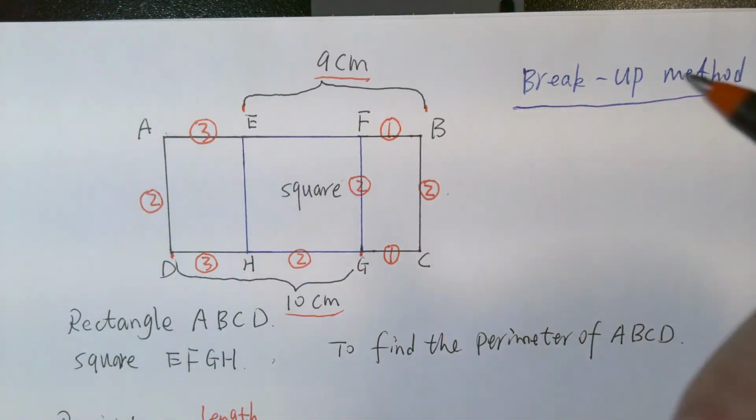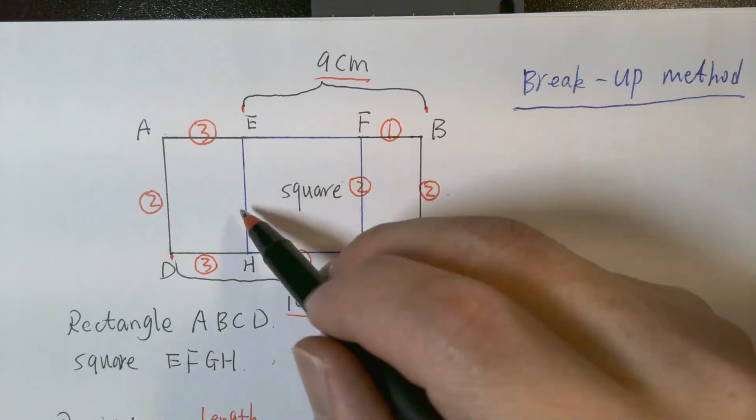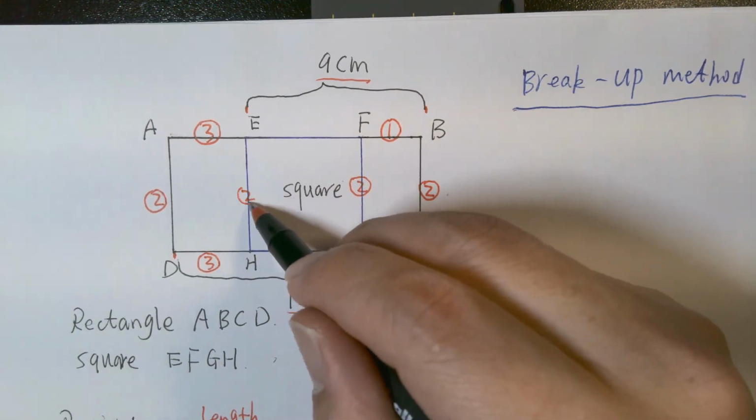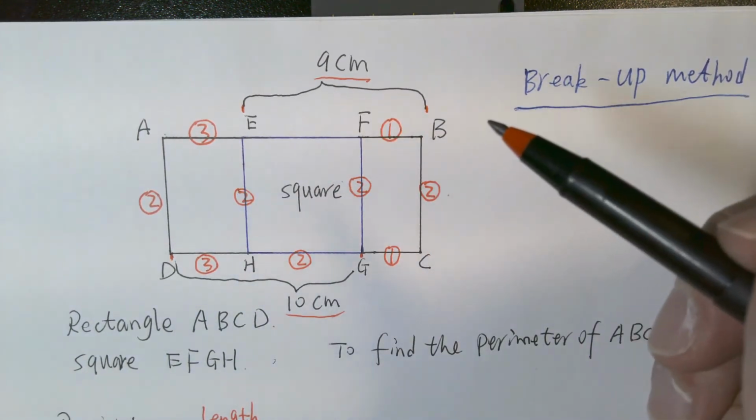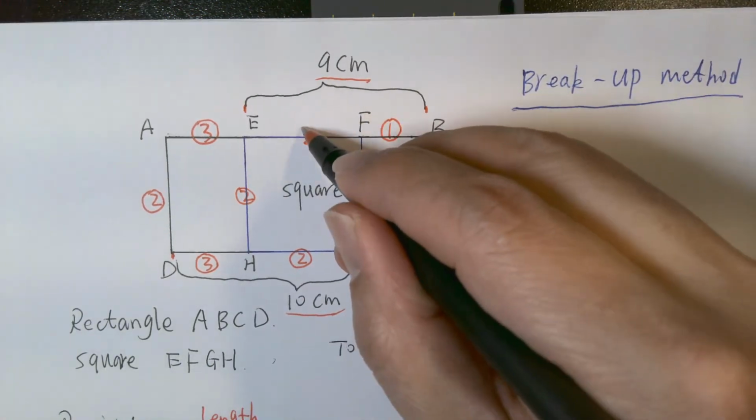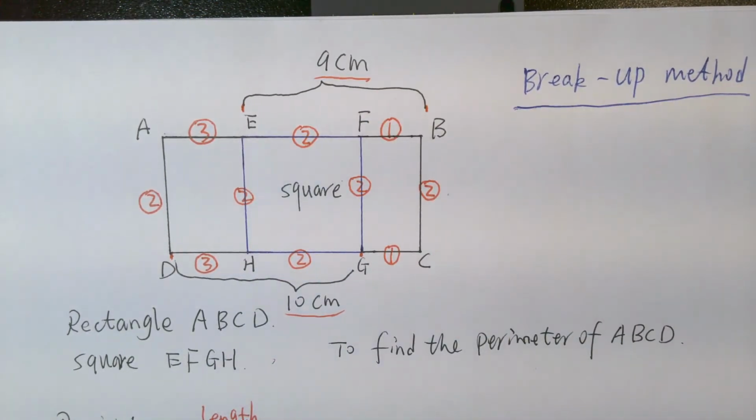And of course, for the square you have length 2 for this side from E to F.